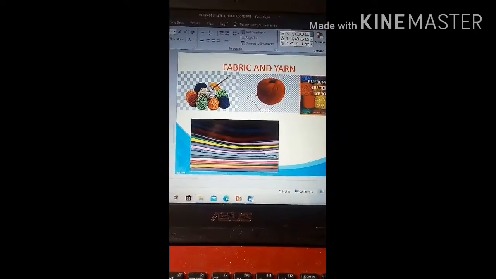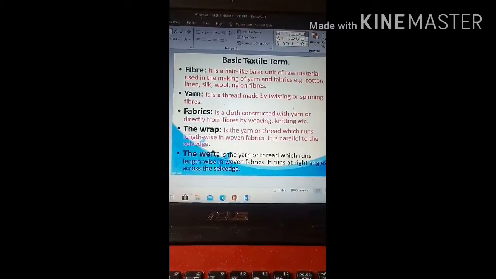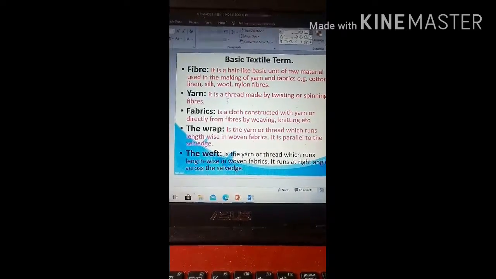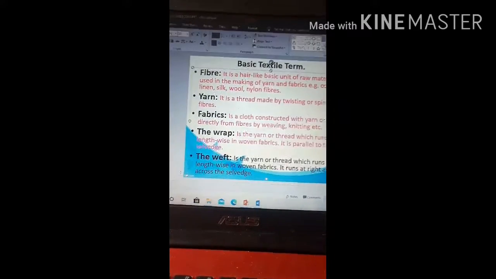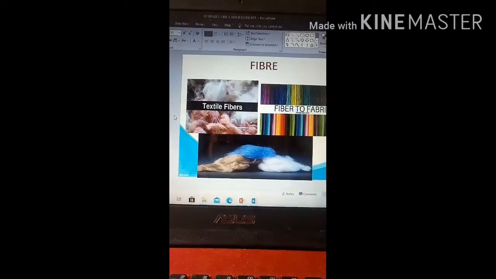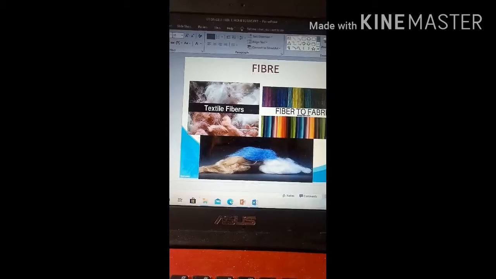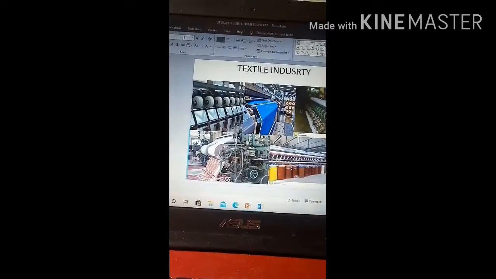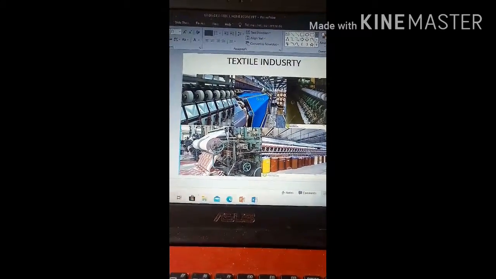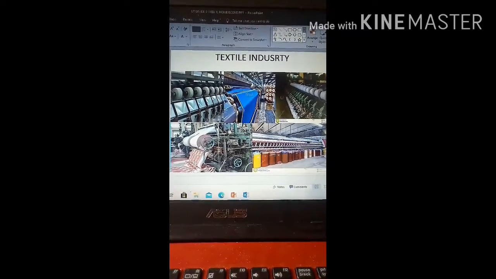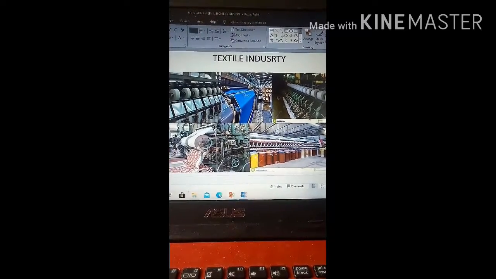So let's see the definition of yarn. What is yarn? Yarn is a thread that is made by twisting or spinning the fiber. I've shown you this is the fiber. So when you twist or spin the fiber, you make what is known as yarn. This is an example of spinning of the fiber.